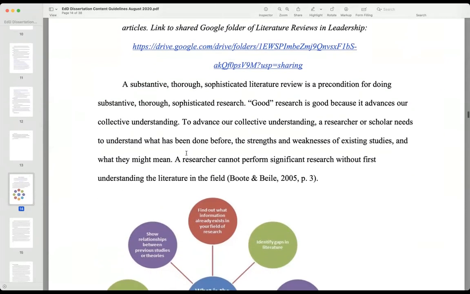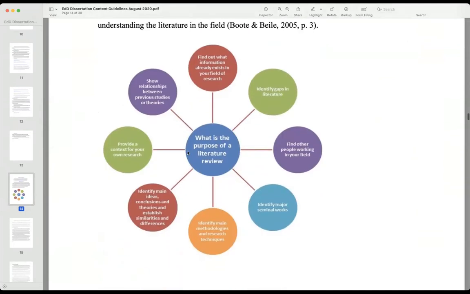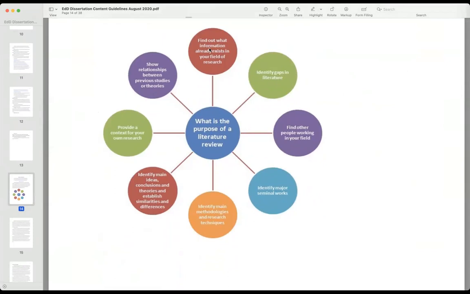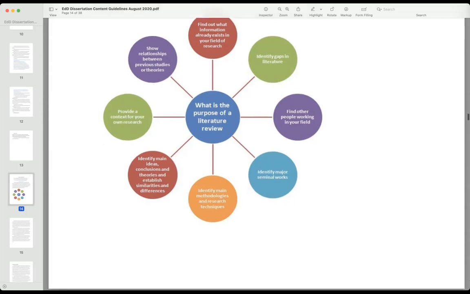They talk about some of the things that you're supposed to do. And we've talked about many of these: identifying gaps, identifying seminal works, the methodologies and research techniques people are using, specific ones you've chosen and why, how these relate.